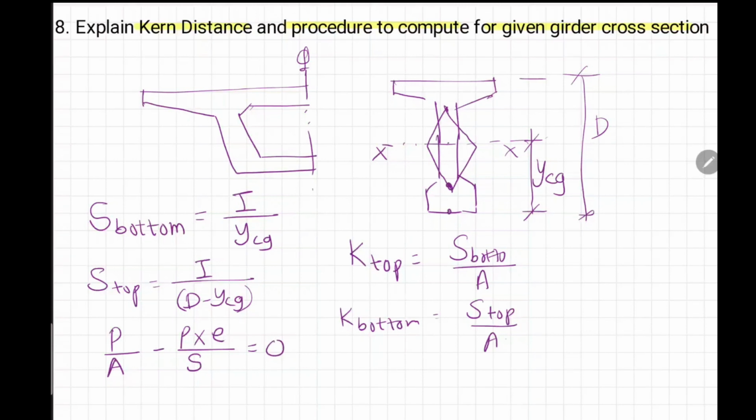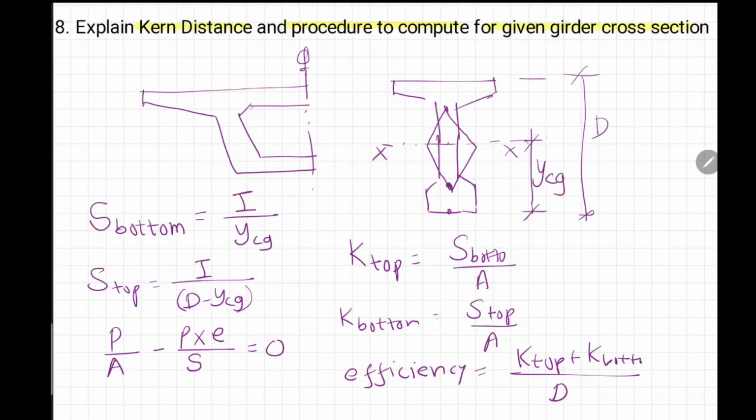So for the top Kern distance, S bottom divided by area. The distance K top plus K bottom divided by the total depth is called the efficiency of the section. Efficiency equals K top plus K bottom over total depth.